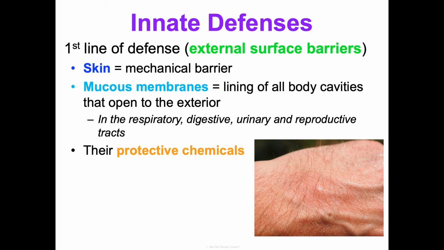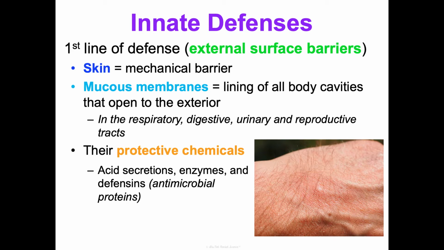So how does it help protect? Well, a lot of these mucous membranes secrete protective chemicals, like acid secretion. Your saliva and your sweat and your urine and even vaginal secretions are all a little bit acidic, and that helps fight microbes. They have enzymes in them, defensins, these antimicrobial proteins that can help too.